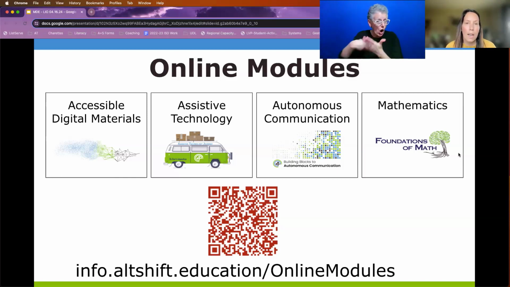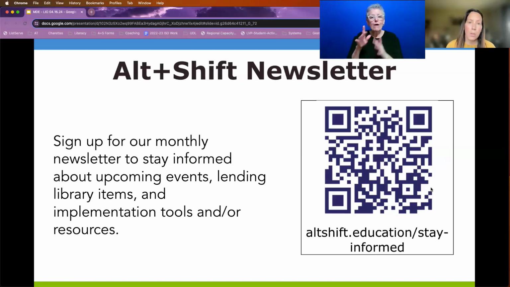And lastly, we talk about math. How do we teach math in a way that's meaningful for all students? So you can check out our online modules. Those are free and available to anyone. You just have to create an account. We have our Alt Shift newsletter, so we're constantly sending out blurbs, resources, things that are happening throughout the state. So we encourage you to sign up.